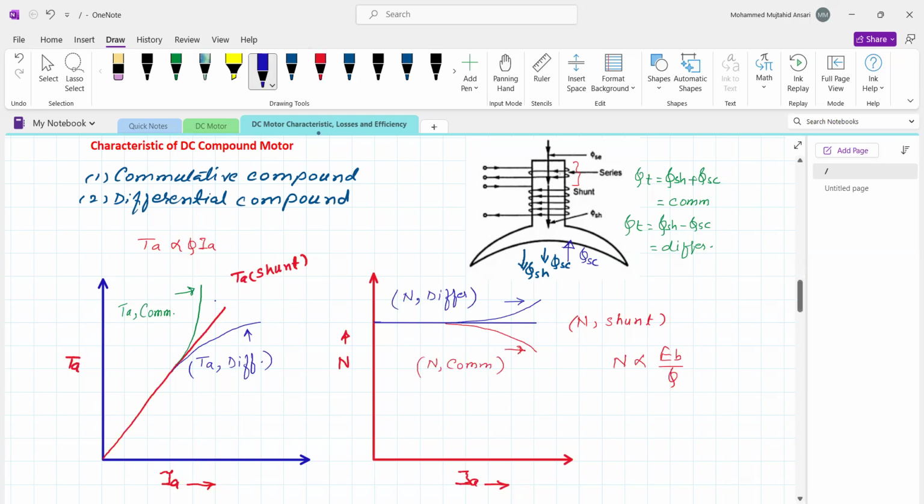So this is the characteristic of the DC compound motor, which is the combination of the DC shunt motor as well as the DC series motor. But the dominant characteristic is the shunt motor characteristic, and a small effect is going to be observed from the DC series motor characteristic.